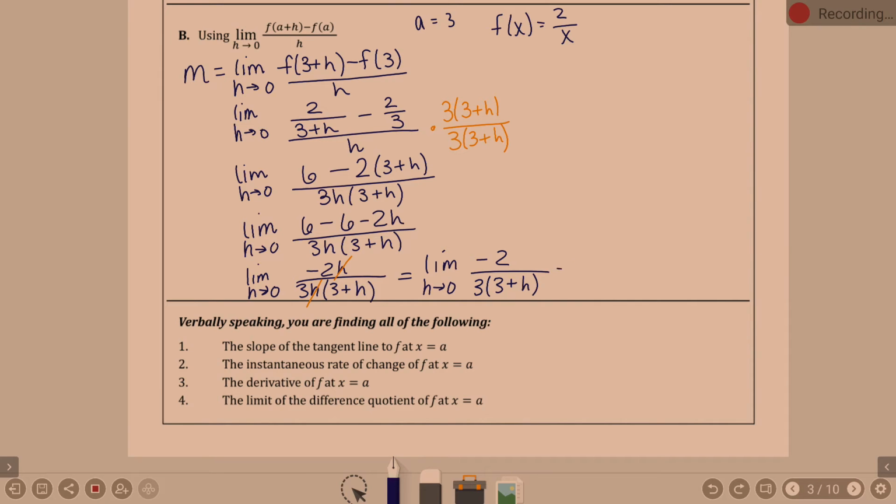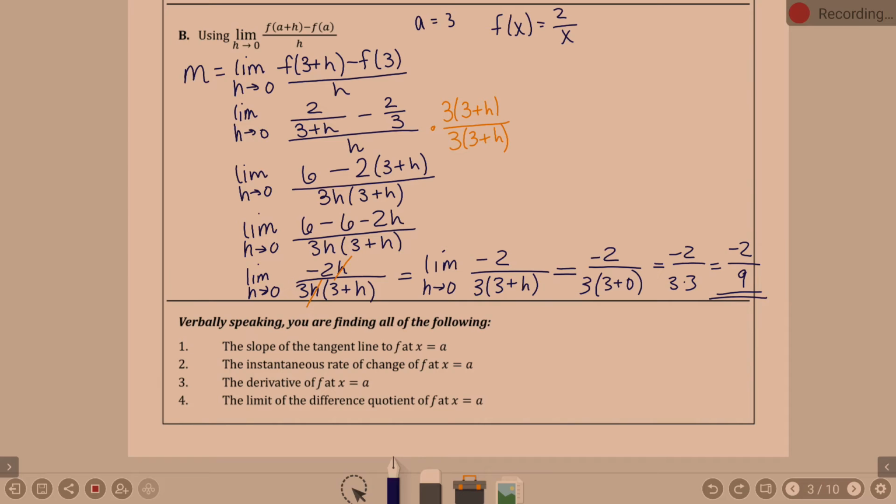Negative 2 over 3 times 3 plus 0, which is negative 2 over 3 times 3, which is negative 2 over 9.